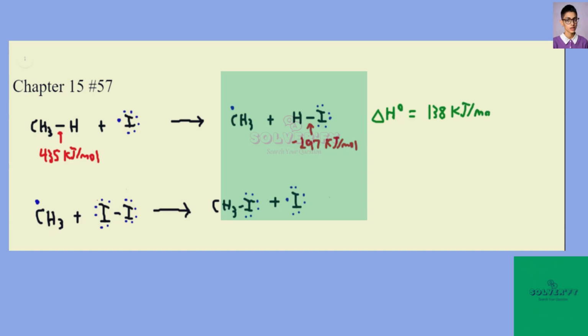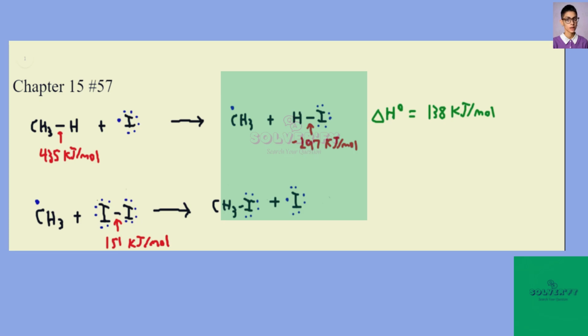Okay, so that's a pretty strongly endothermic step. Then looking at the second part of the propagation step, breaking the iodine-iodine bond requires 151 kilojoules per mole. And you can find these values in the back of the textbook.